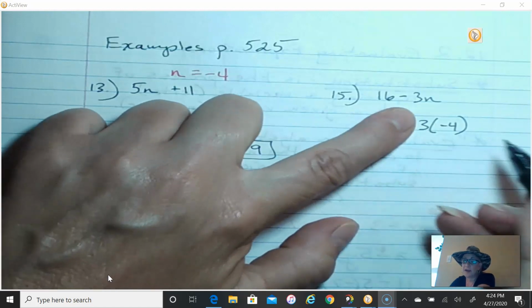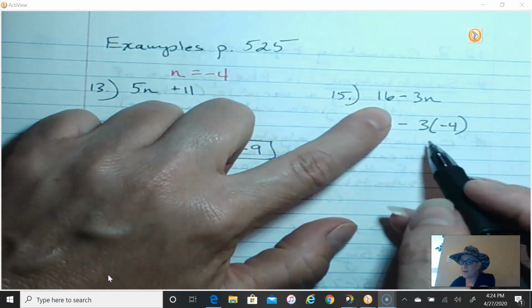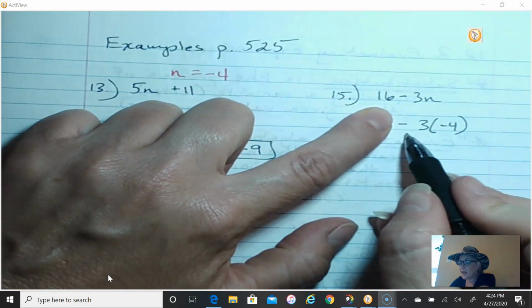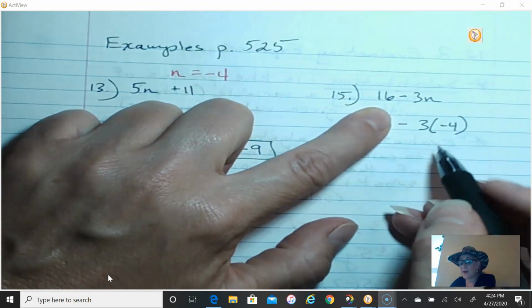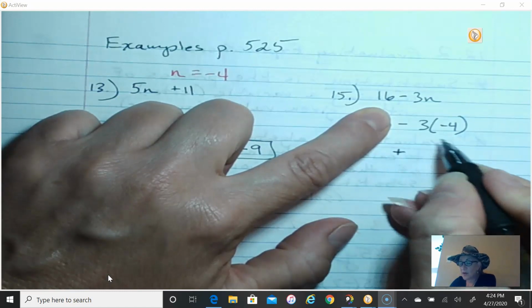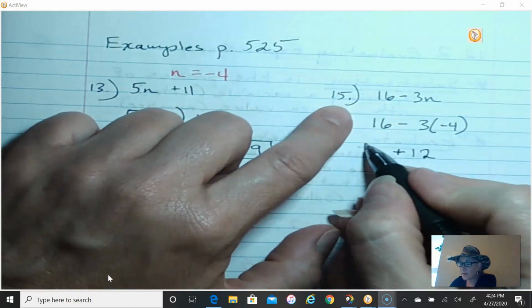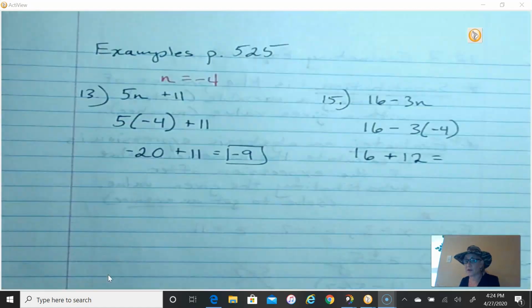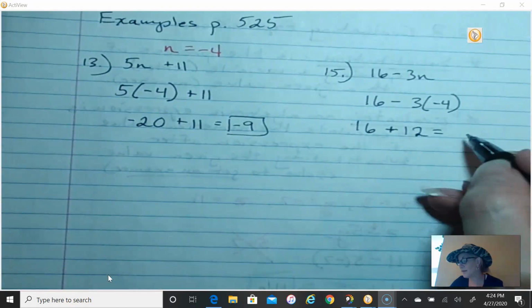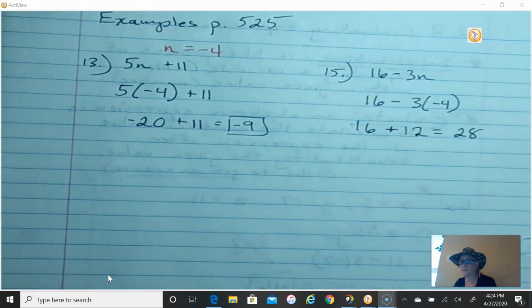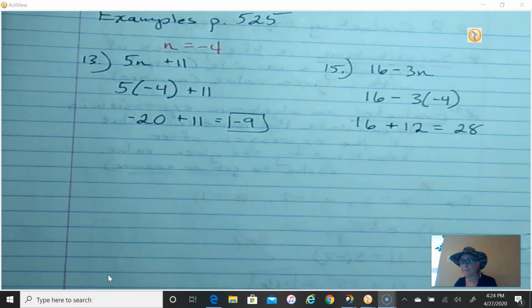So, I mean, you don't have to, but you'll see why. It's better to do it like this. Negative 3 times negative 4. Negative times a negative is a positive. 3 times 4 is 12. So 16 plus 12. 16 plus 12 is 28. Okay?